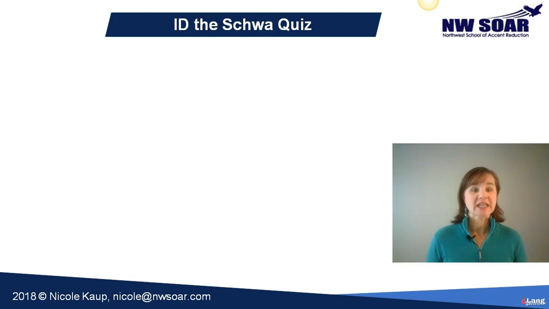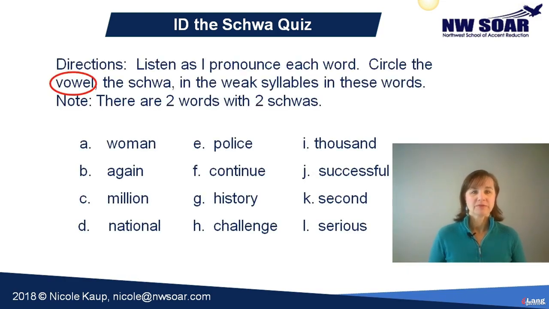So listen as I pronounce each word. I want you to circle the vowel, or the schwa, in each of the weak syllables in these words. And you'll notice there are two words that have two schwas. Let's go ahead and do the first one together.